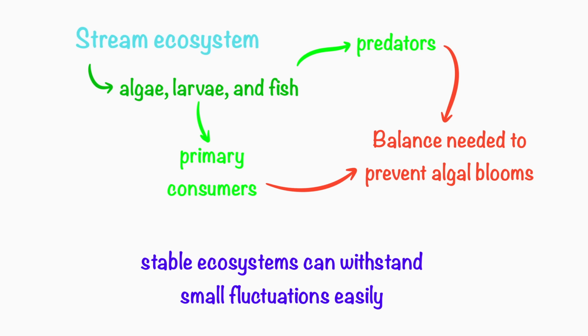These systems demonstrate remarkable resilience to minor disturbances whilst maintaining their overall structure and function over time. By studying these complex interactions, we gain insights into maintaining biodiversity and ecosystem health. Next time, we'll examine living and non living factors in more detail.